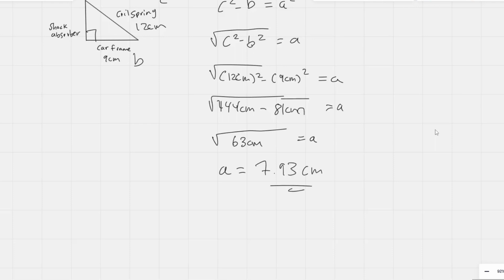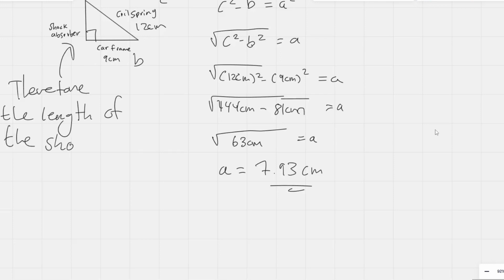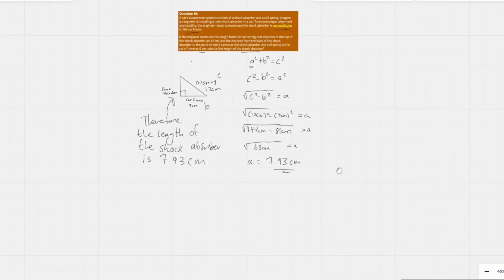So from this we can say, therefore, the length of the shock absorber is 7.93 centimeters. There we go, and that's the answer to this question.